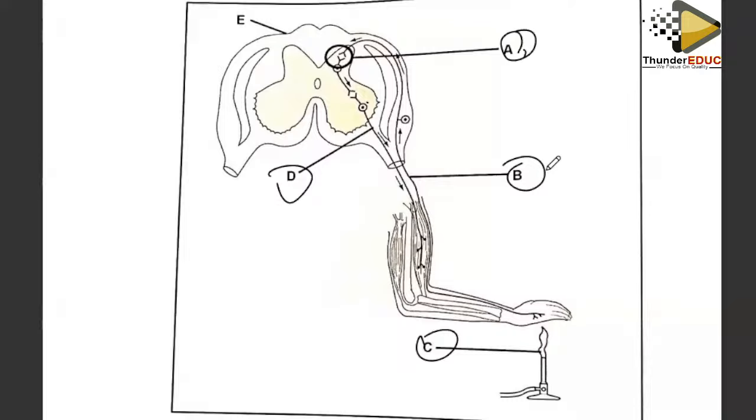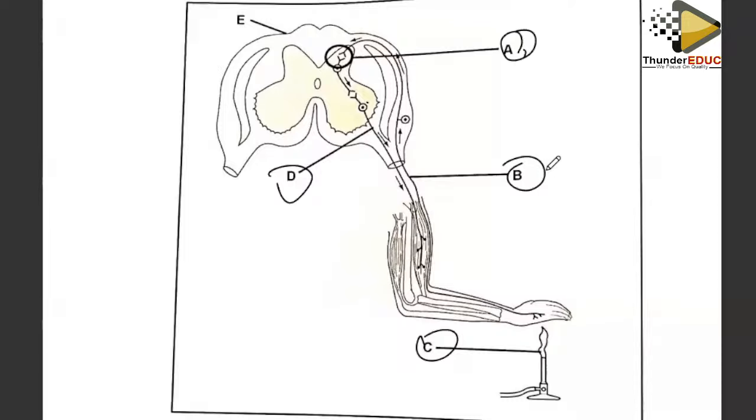Yes, because the brain is on top. How do they reach? They have to go through the what? The spinal cord. Yes. So it is a connection between the brain and other parts of the body. Yes, you can also say that. Or you can talk about transmitting the impulse from the brain to the effector.